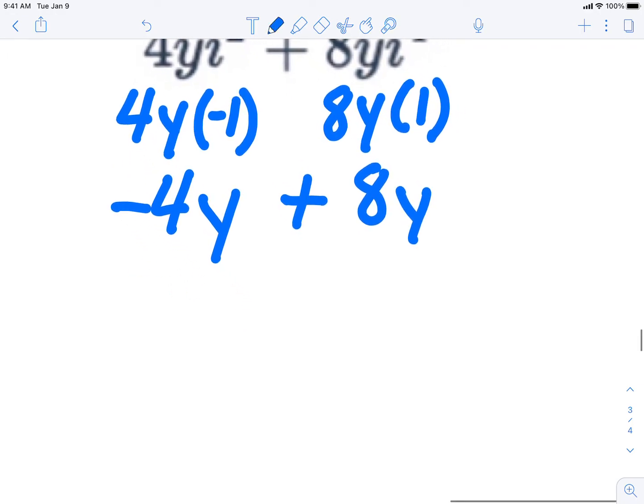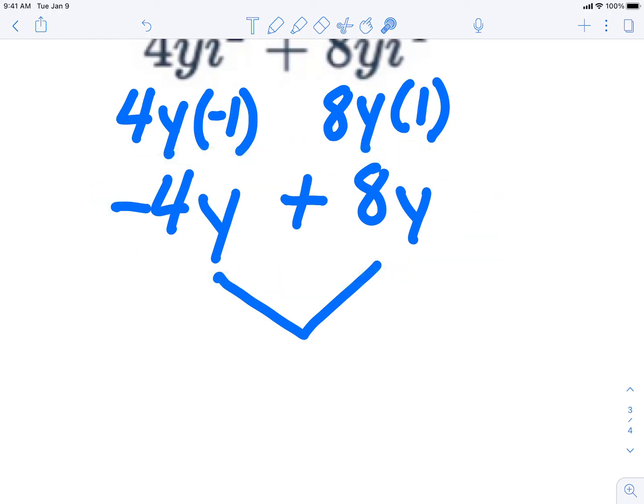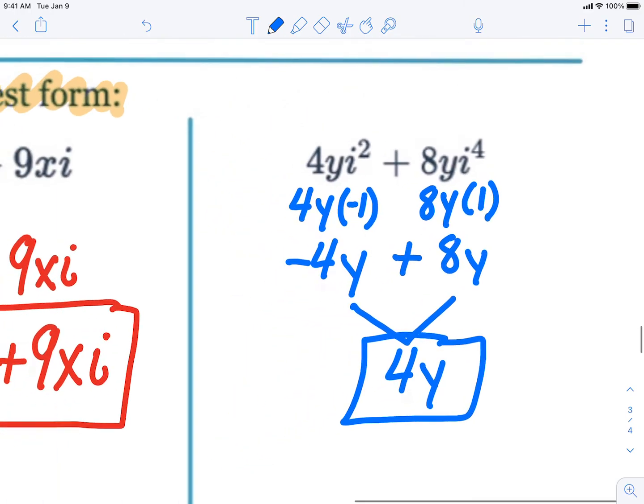So I can combine these two right here. Positive 8 and negative 4 are not the same sign, so I have to subtract. 8 minus 4 is 4y, and it is a positive 4y because 8 is bigger and 8 is positive. And this is the simplest form.